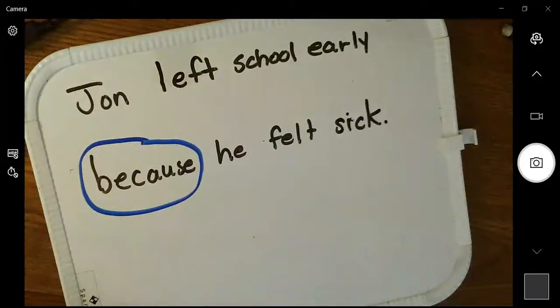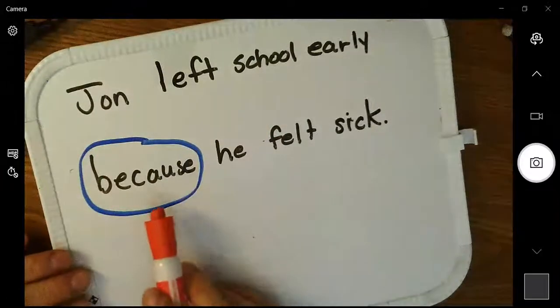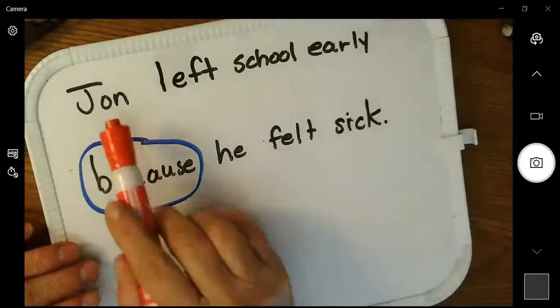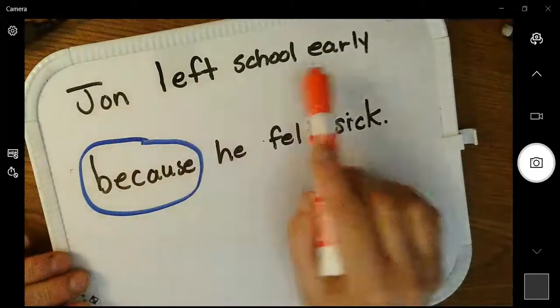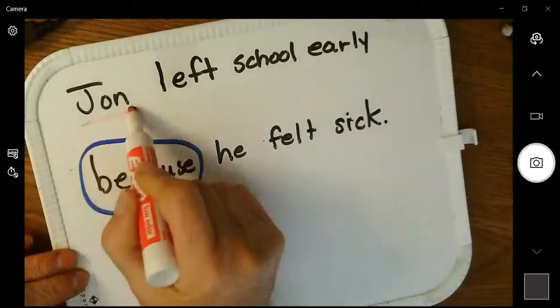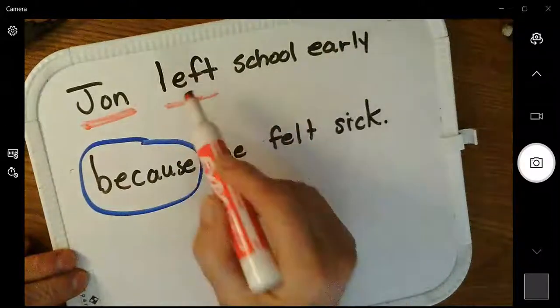Okay, so in looking at this, we're going to identify the independent clause and the dependent clause. So the first group of words that comes before the conjunction because states John left school early. Okay, so we have a subject, a verb, and a predicate.